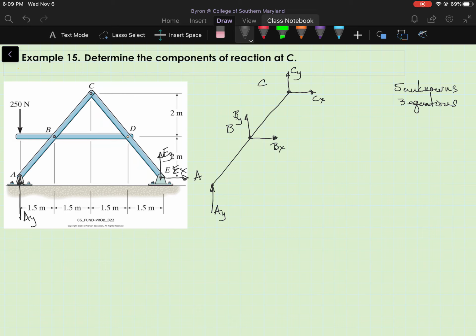Now I'm just trying to find A sub y, so I'm going to sum moments about E. I'll do that under the original picture here.